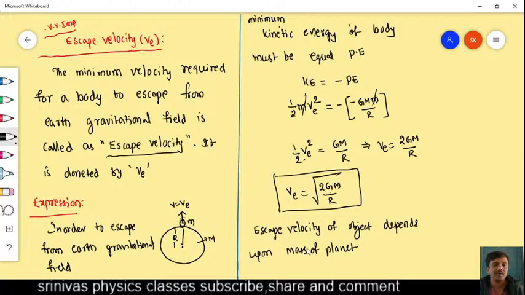Any planet you can take. That means the escape velocity of an object depends upon the mass of the planet, and one more is the radius of the planet, R. Different planets have different mass and radius, due to which escape velocity is different on different planets.